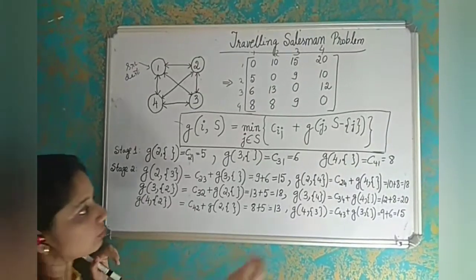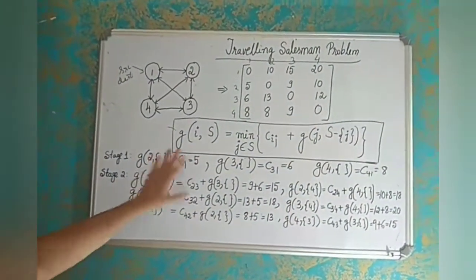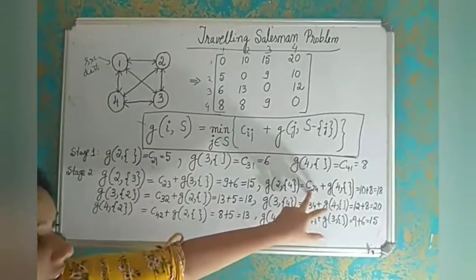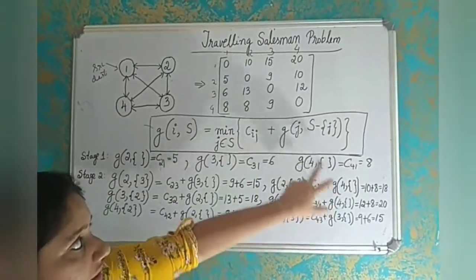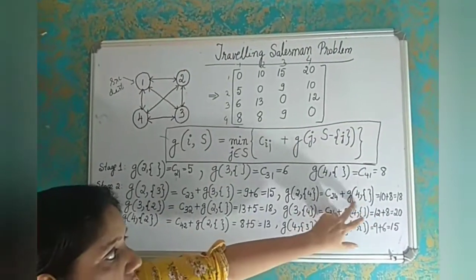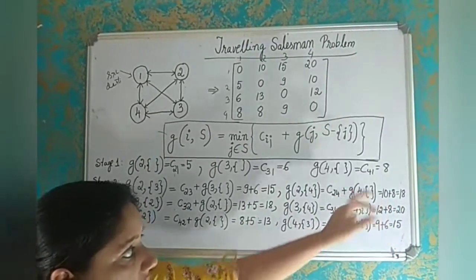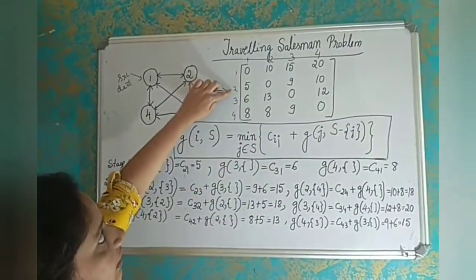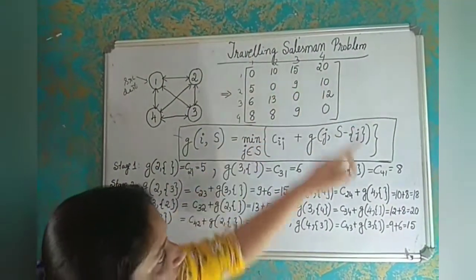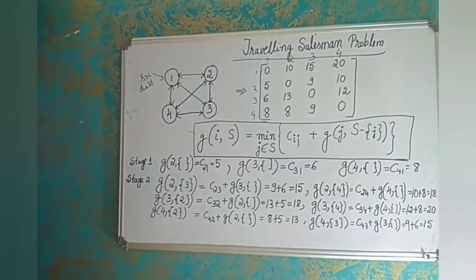So G of 2 comma 4, again minimum of Cij is C24 plus G of 4 comma null set. This value we already have, 8. C24 is 2, 4, that is equal to 10. 10 plus 8 is equal to 18.